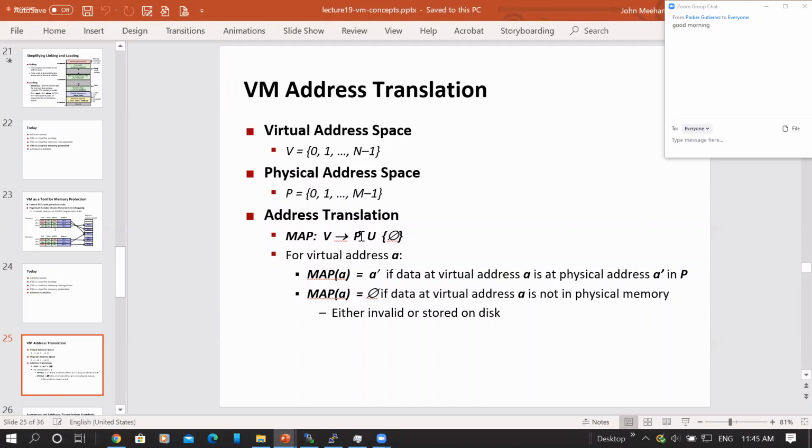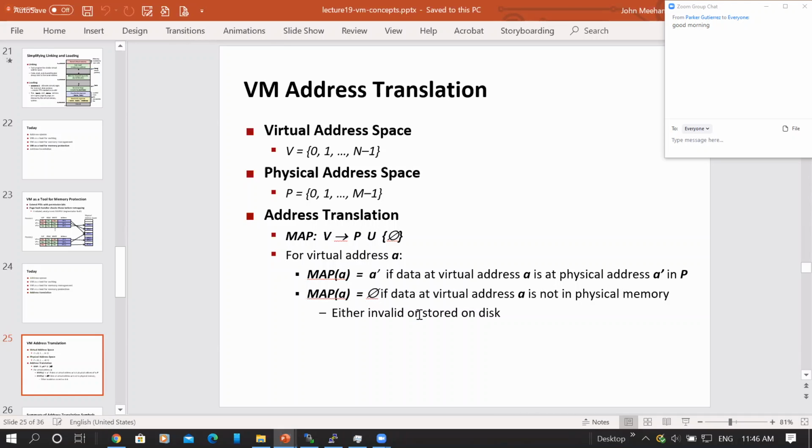So for any virtual address A, mapping that virtual address to some corresponding A prime, if the data at that virtual address is at some physical address A prime, then this mapping function would map it to some physical address. But if it isn't mapped to some physical address currently, it would be the null set. The virtual address is not in physical memory.